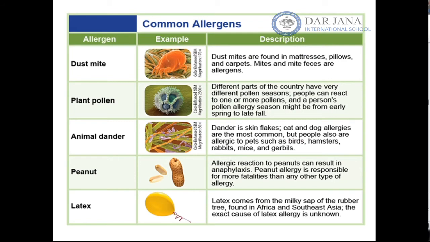So again, these are the common allergens that cause allergy in these individuals. This is the table that you have in the book. Allergens are dust mites. These are usually found in mattresses, pillows, carpets, and usually mites and their feces.